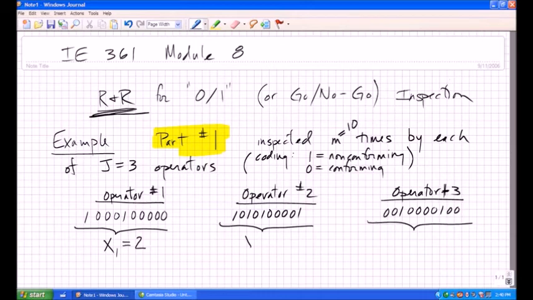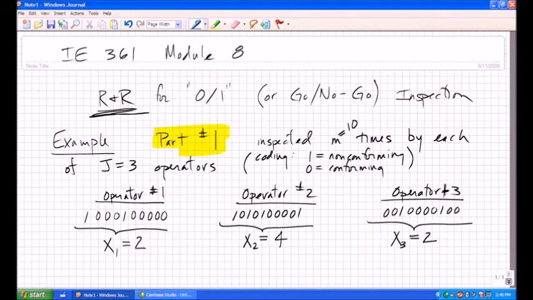I'll call x2 the number of number 1 calls for operator 2. That's 4. And x3 is the number of number 1 calls for operator 3, and that's 2 again.